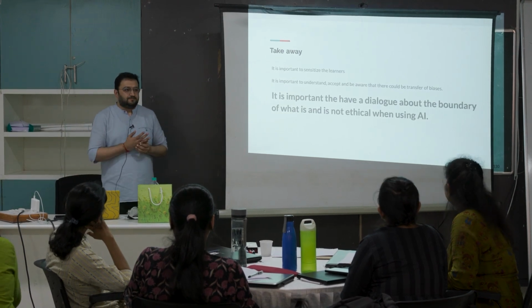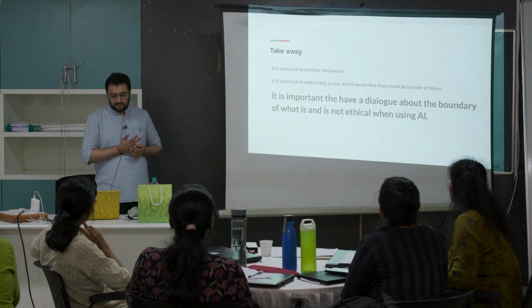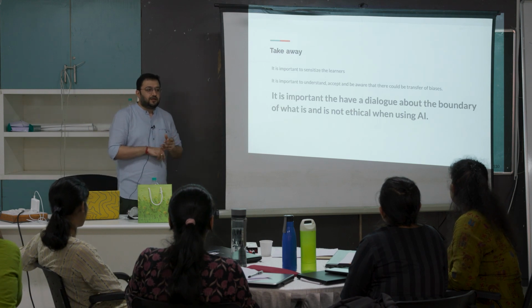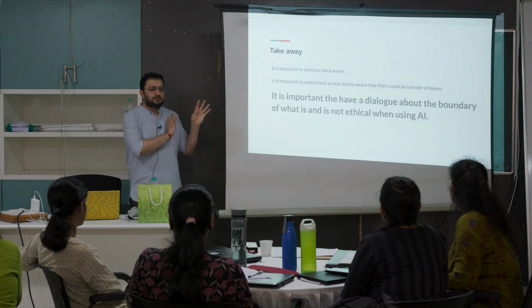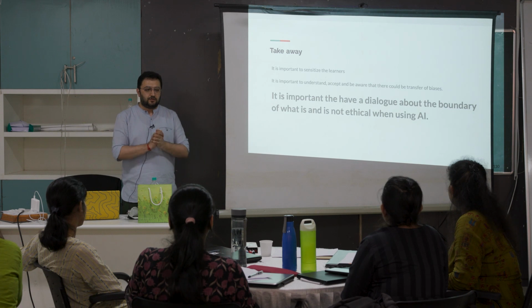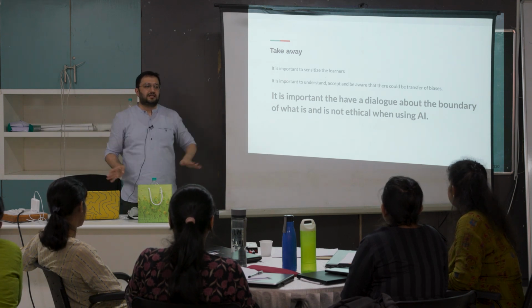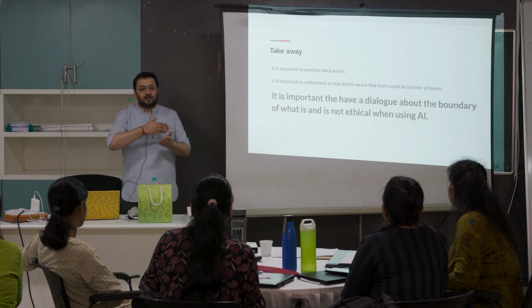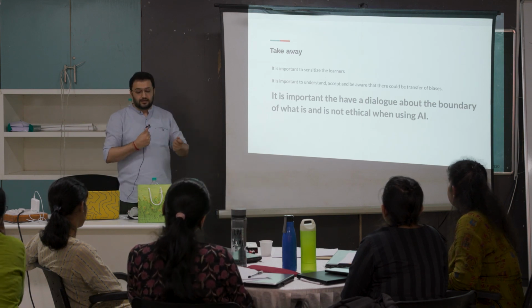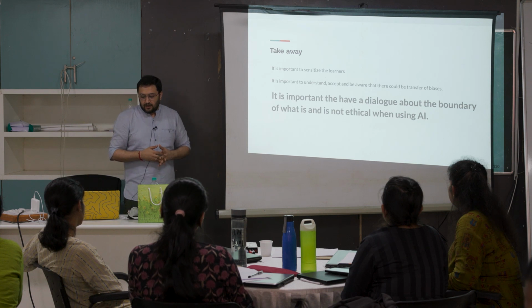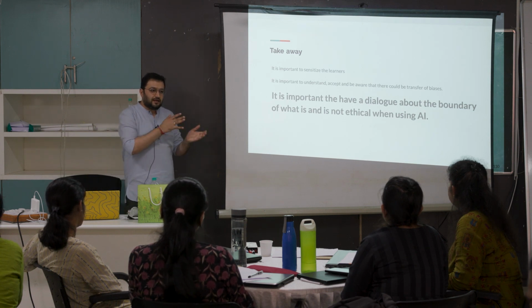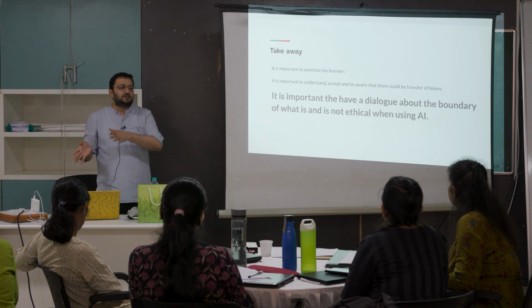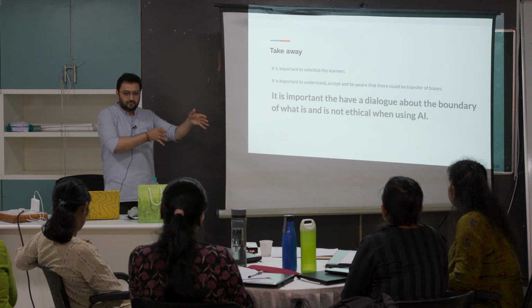So what is the takeaway? It is important to sensitize learners about these 4 aspects that we talked about. It is important to talk about ethics. The matrix is just one example of you trying to realize who are the stakeholders, what they are doing, what data they are collecting. And it is important to accept that there are some challenges, there have been some biases the way we have been.